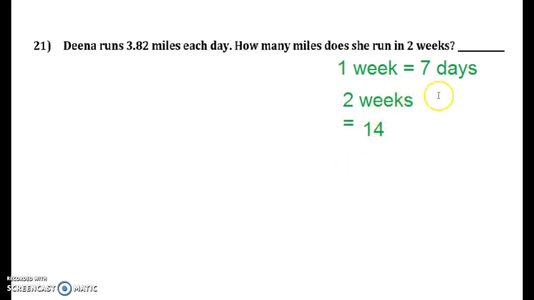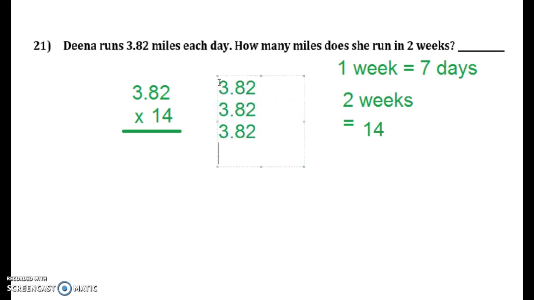All right. So now we're working with 14 days. So 3.82 miles each day for 14 days. You just got to multiply. And you'll have your answer. The other way you could have done it is to do 3.82, 3.82, 3.82, 3.82, 14 times, which is a lot, right?